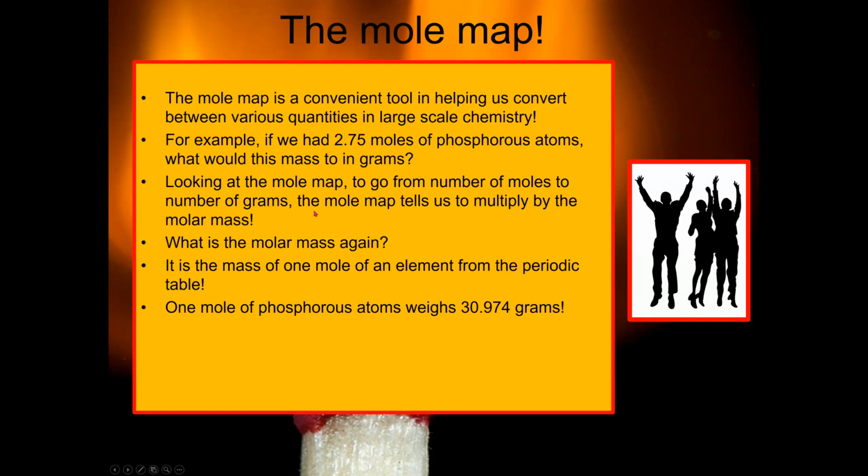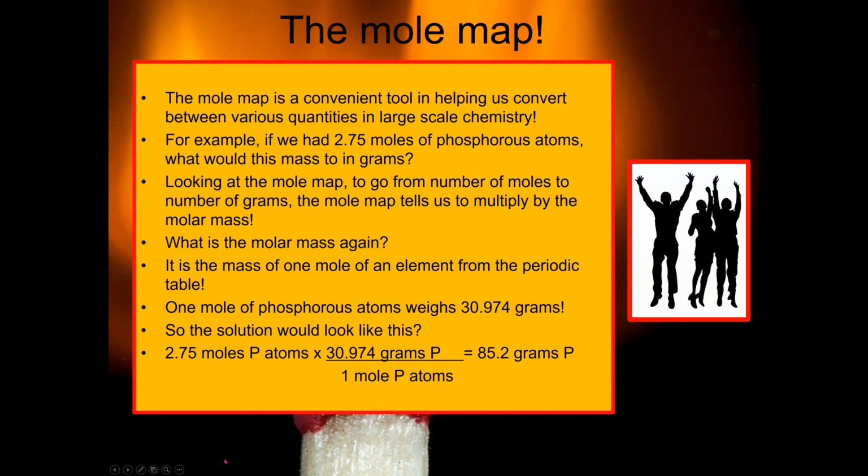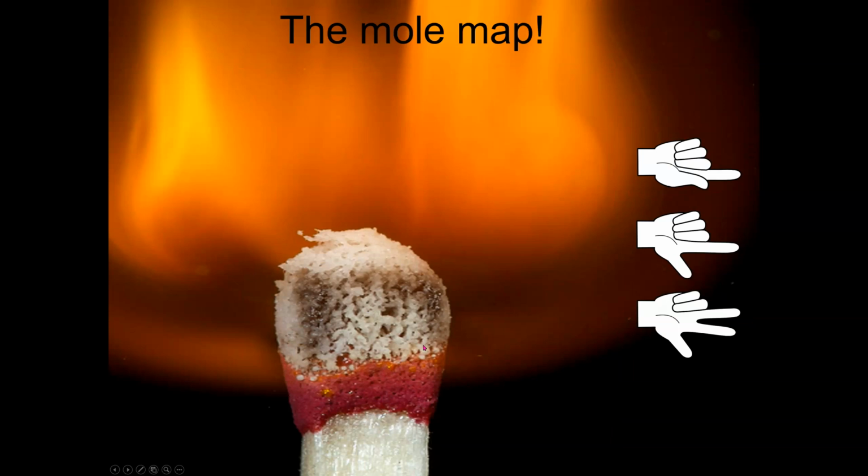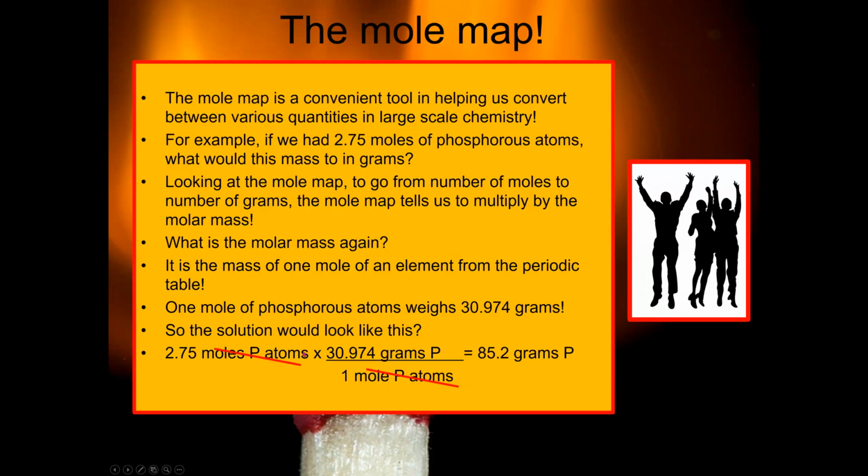So 1 mole of phosphorus atoms is going to weigh 30.974 grams. So if we had 2.75 moles of phosphorus atoms, and we know how much 1 mole weighs, we can do the conversion and get that that is 85.2 grams.